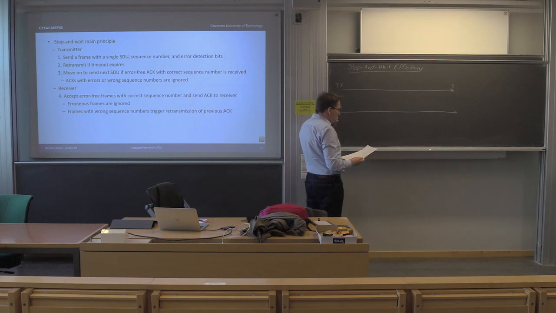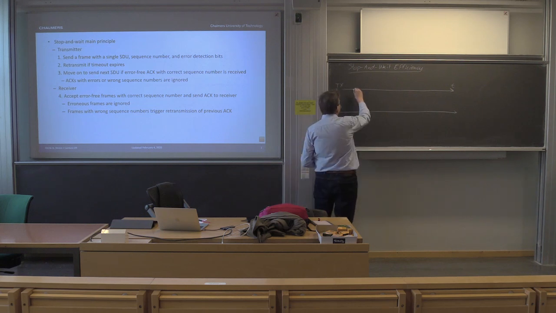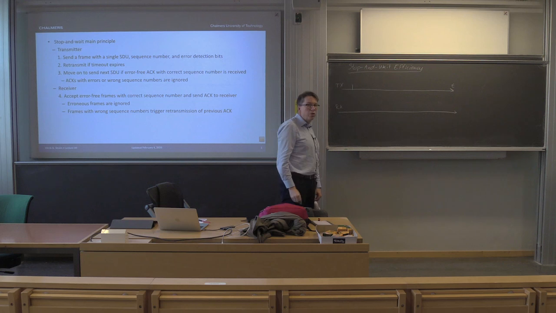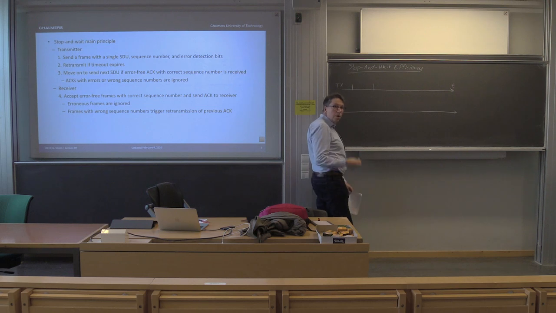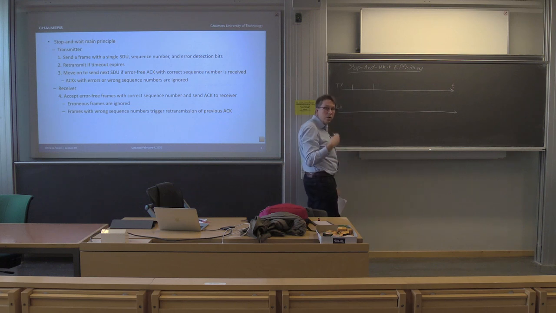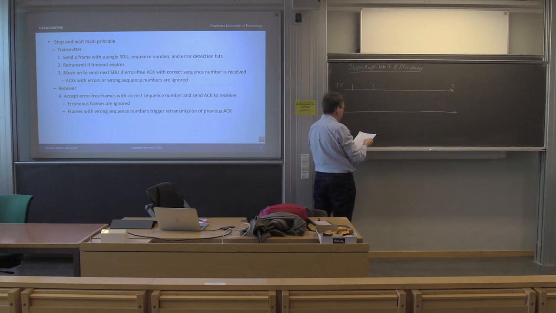Okay. So the first thing that happens when we do a transmission is that we start the transmission of the first bit of the frame at some point in time. And then we keep on transmitting this frame until it has expired, where we have transmitted all bits. So here's the transmission of the first bit, here's the transmission of the last bit. Then it goes over the channel, which has some type of delay.